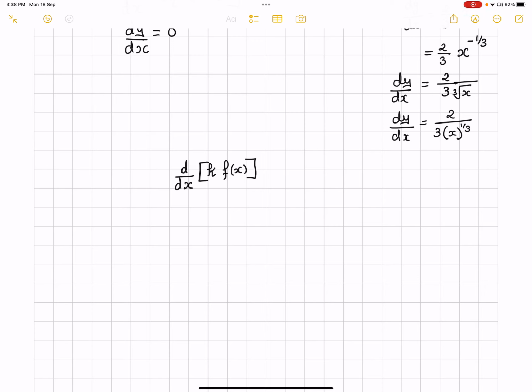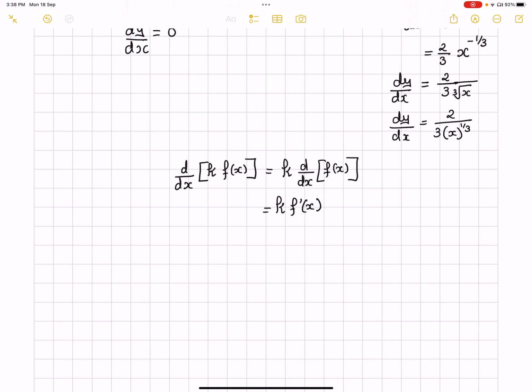So I take k out and differentiate d by dx of f of x, and I get k times f dash of x.